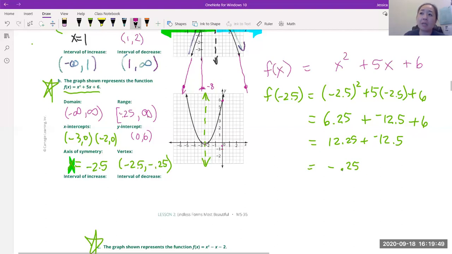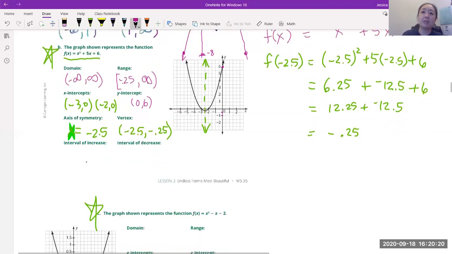That gives me -0.25, which makes sense because I noticed that it dips below the x-axis, so the y should be negative. If you're getting something like -4.7, something's wrong, because -4.7 is way down here. That's another way you can check if you're accurate. All right, so that's how you would find this -2.5.